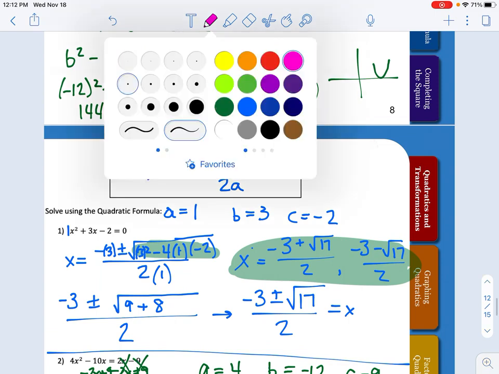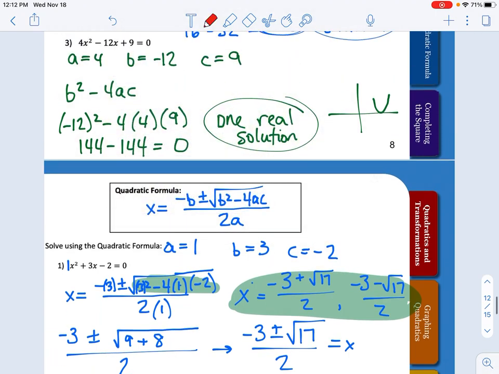I do want to point out one side note here. If you end up getting an equation that says something like 5 plus or minus root 36 over 2, this is just an example here, we actually could have factored this sort of problem because root 36 is actually 6. So this is equivalent to 5 plus or minus 6 over 2.